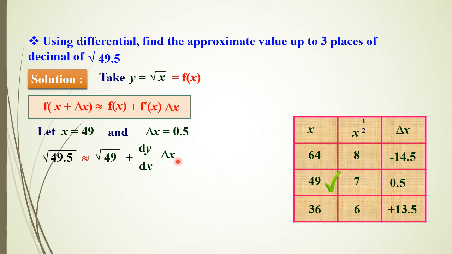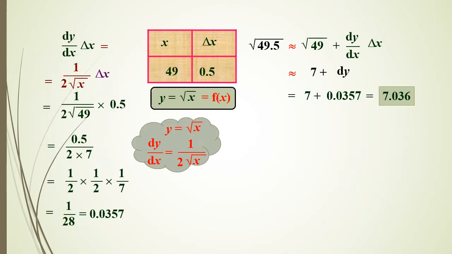Delta y by delta x into delta x can be written as dy by dx. After finding the derivative of root x, you get this much. Delta x you write as it is.